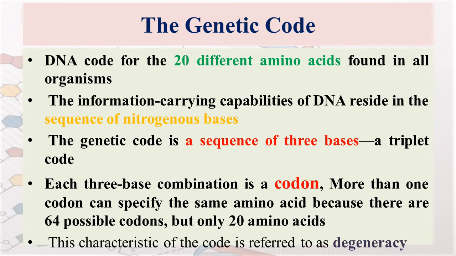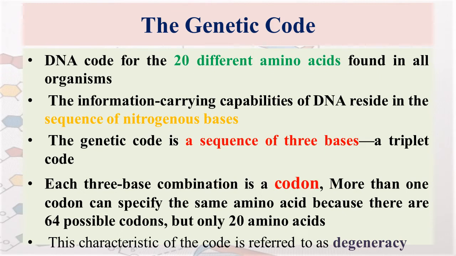More than one codon can specify the same amino acid because there are 64 possible codons. How many codons exist? 64 possible codons exist, but there are only 20 different types of amino acids. Amino acids, students, are the building blocks of proteins.